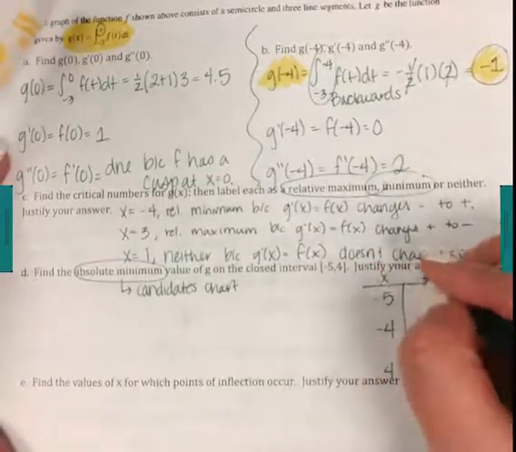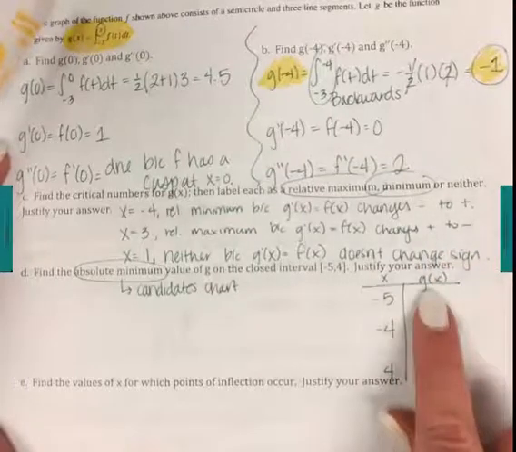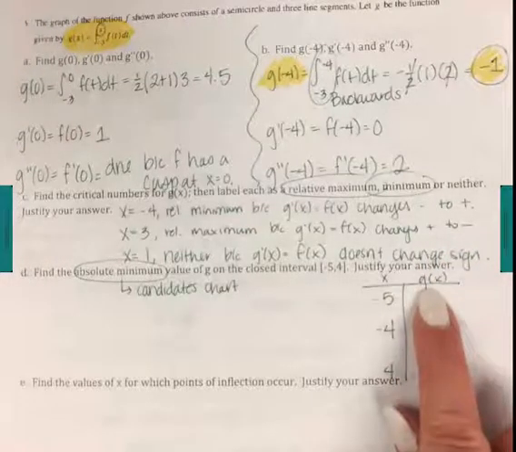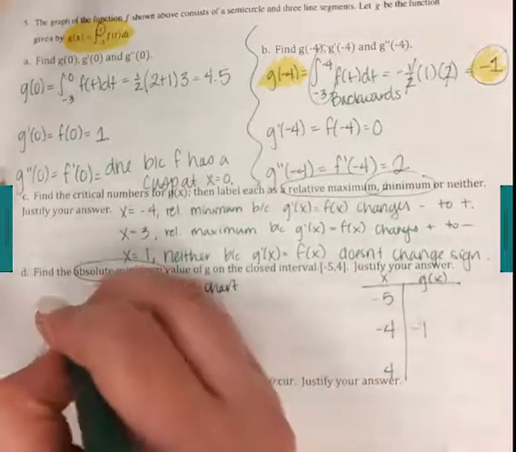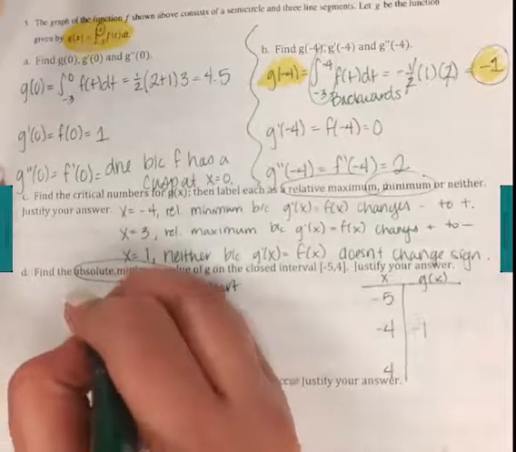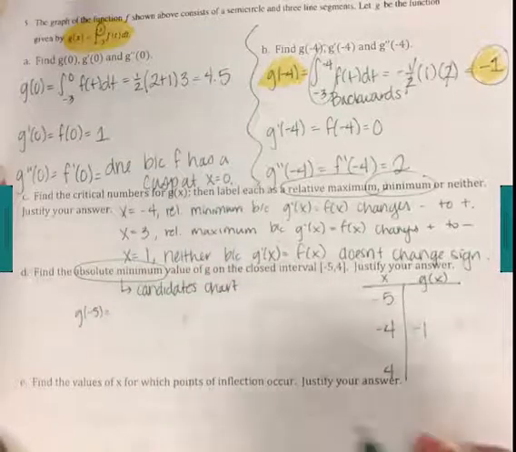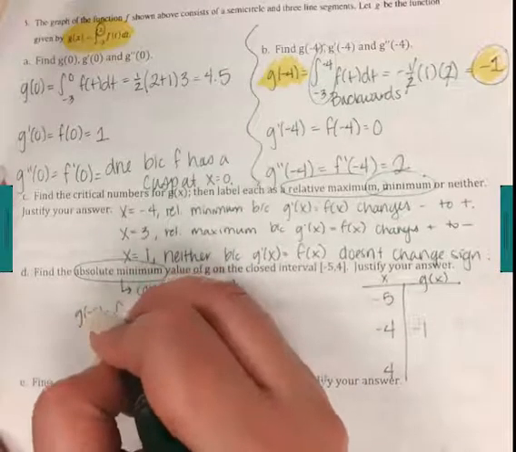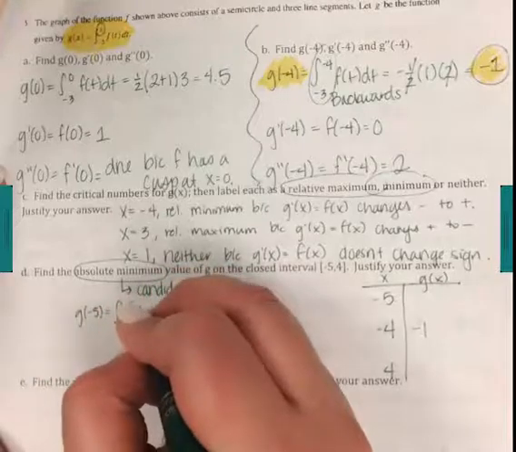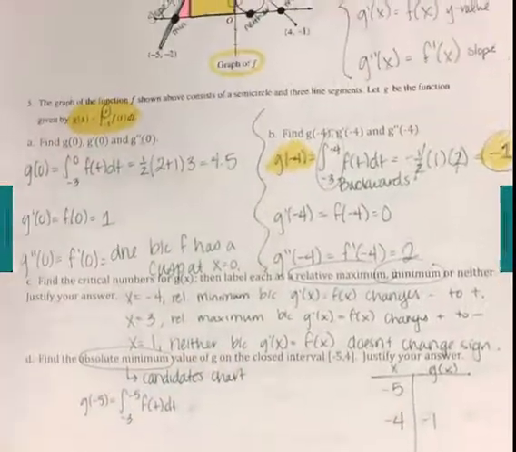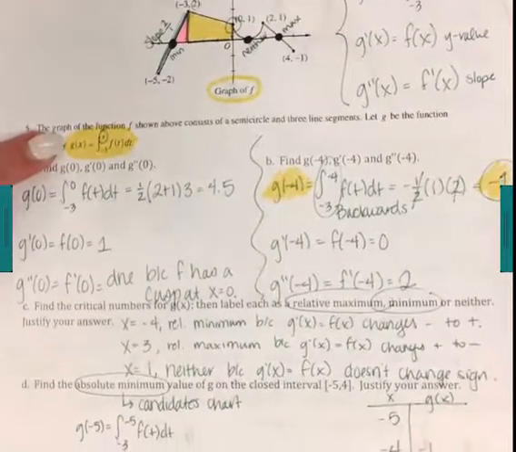Now, remember that we are plugging into g of x, which is the original function that had the integral in it. So first one I'm going to find is g of negative 5 to fill in my chart. G of negative 5 is the integral from negative 3 to negative 5. Then I'm coming back to this equation that they gave me.